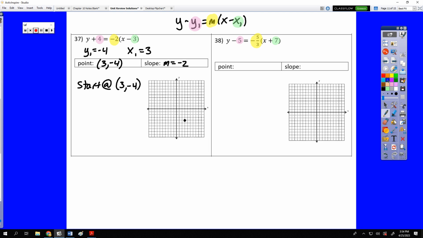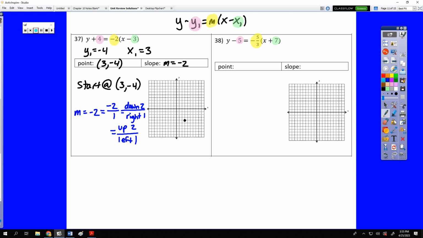And then we use our slope. Well, our slope is a whole number, so we turn it into a fraction by putting it over 1, negative 2 over 1. That tells us that we need to go down 2 units and right 1 unit. Remember, we could also go up 2 units and left 1 unit. That would be the same thing.